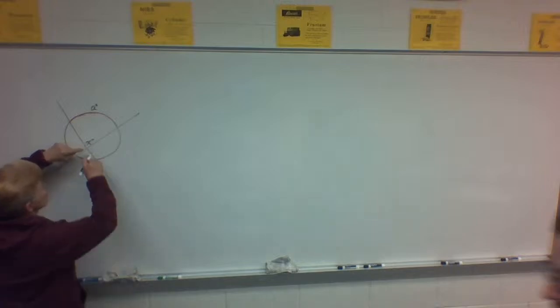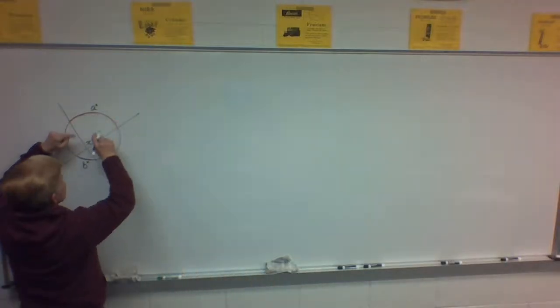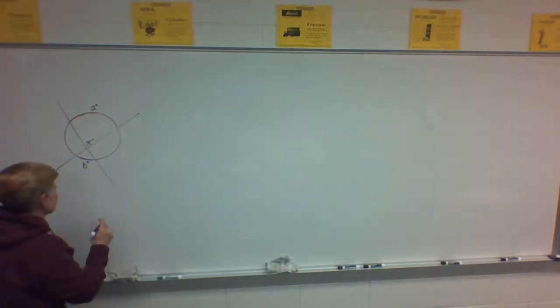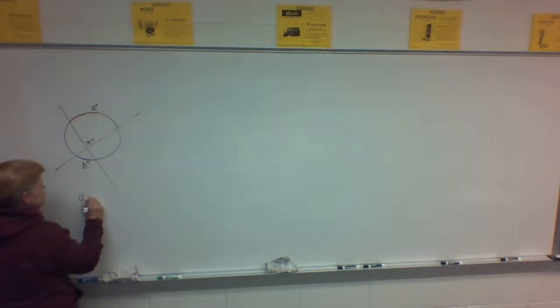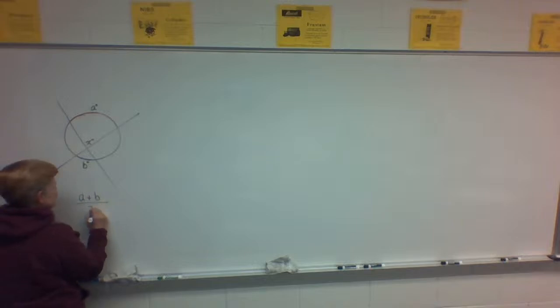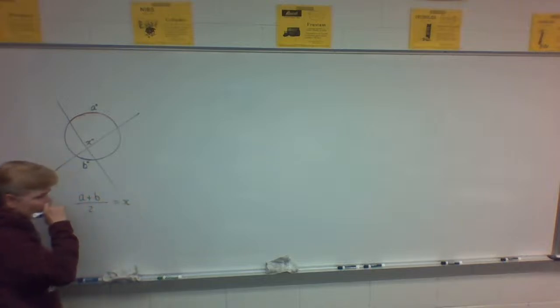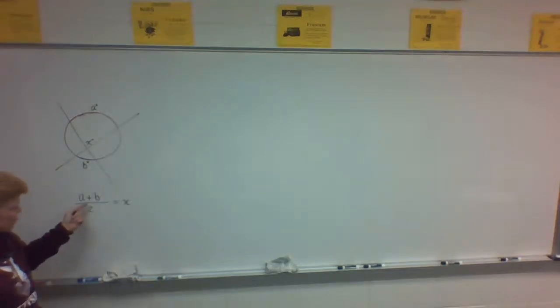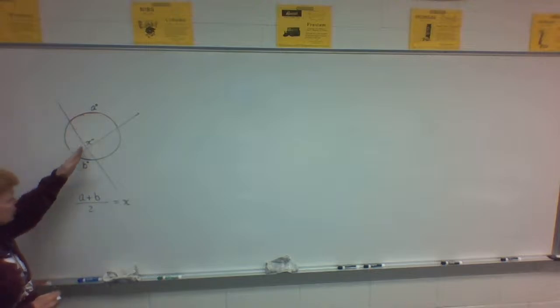But whatever that angle is, go out along the sides and see that arc, come back the other way on this vertical angle side. Find those two arcs, and this is the relationship. A plus B divided by 2 is X. So the average of the two intercepted arcs is the size of the interior angle that they belong to.